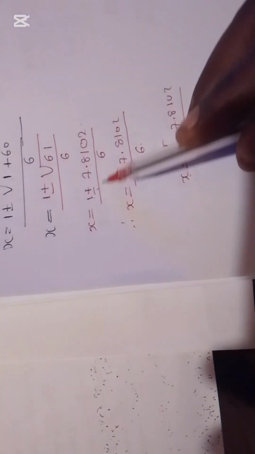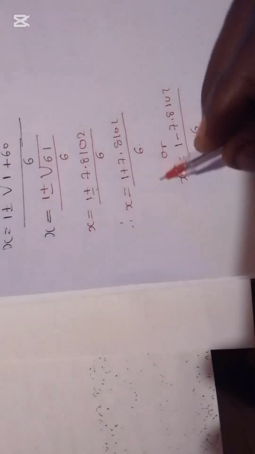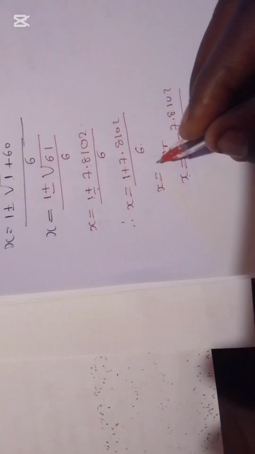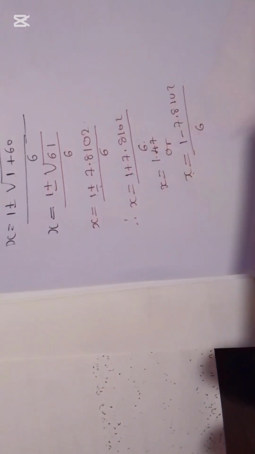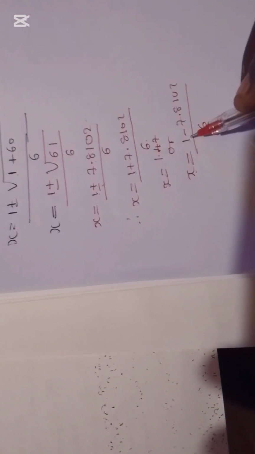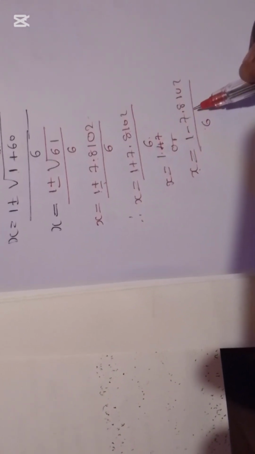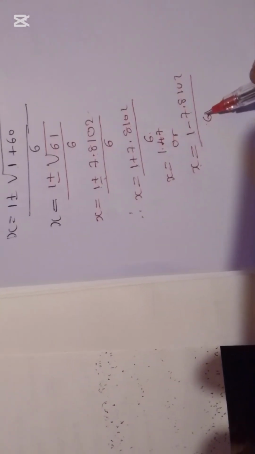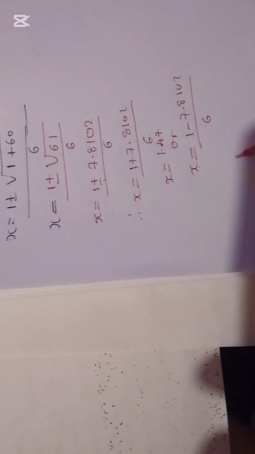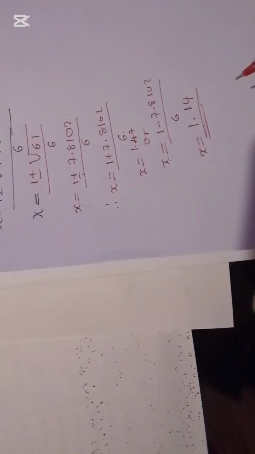So after I add these two numbers and divide, I'll get x equals 1.47. Then when I say 1 minus 7.8102 and divide at the end, I'll get x equals negative 1.14. After which you get yourself 5 marks.